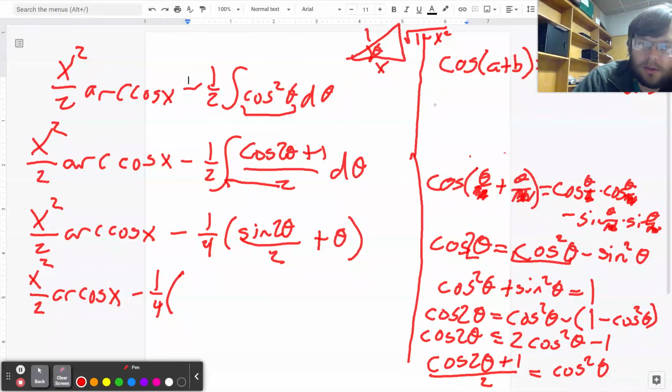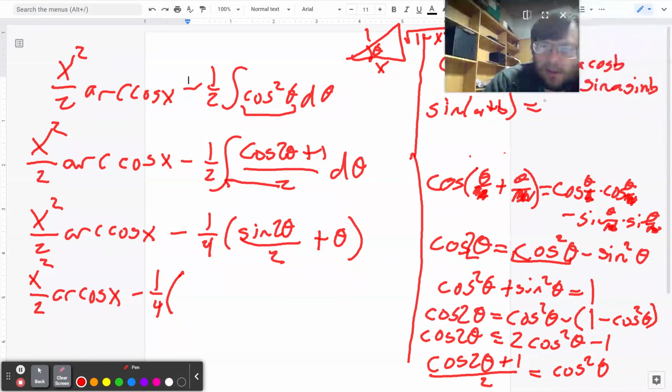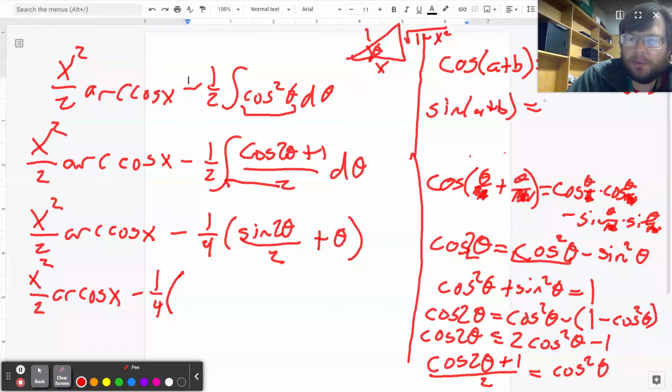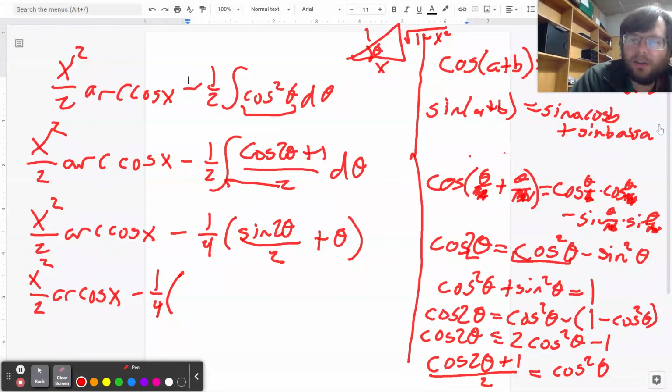So sine of a plus b equals, what is it, sine a cosine b plus sine b cosine a. Yeah, that's right. So if you just have a and b equal each other, you're just going to get 2 sine theta cosine theta.